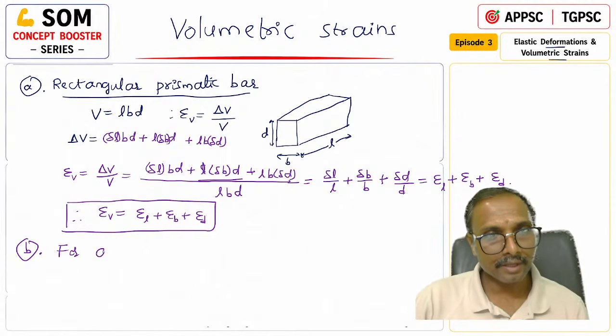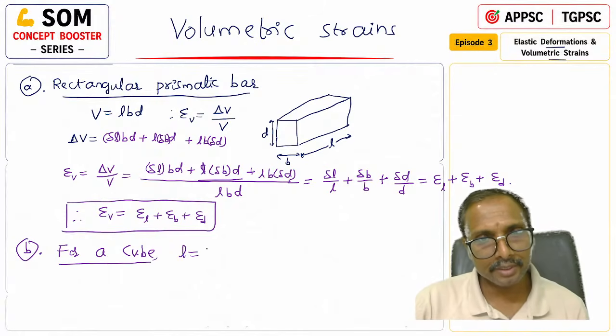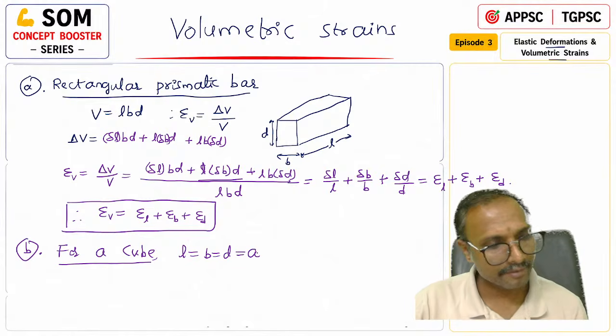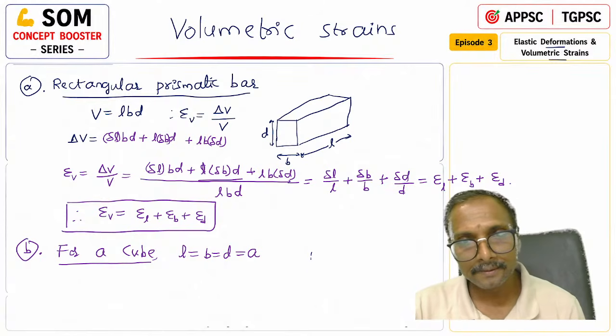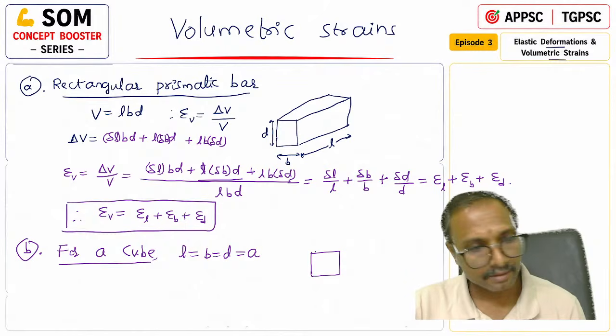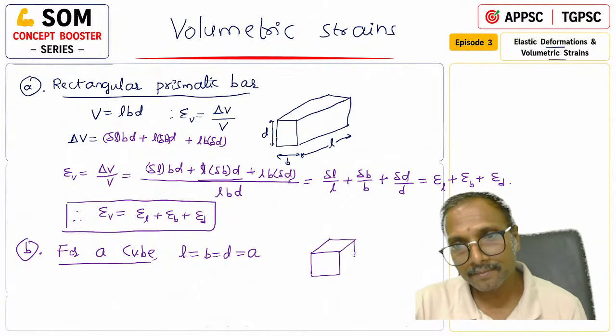For a cube, L equal to B equal to D, let us say A. Clear, everyone? So when you have a cube, this is A, this is A, and this is also A, all sides are A only, no?